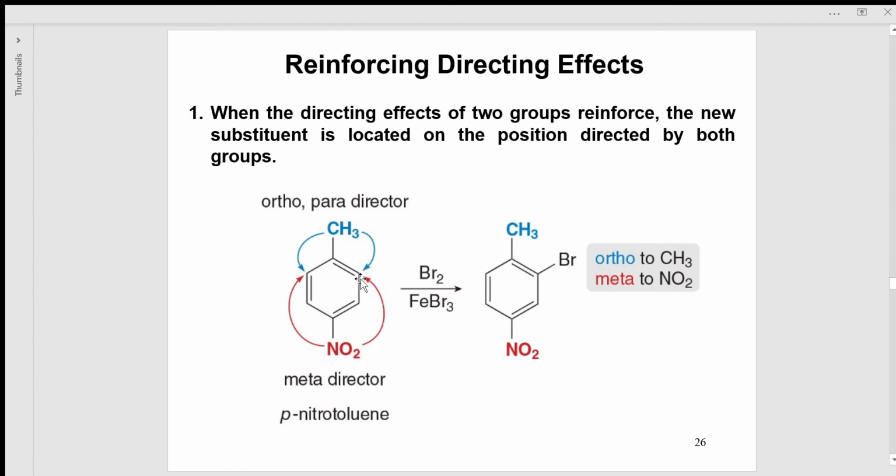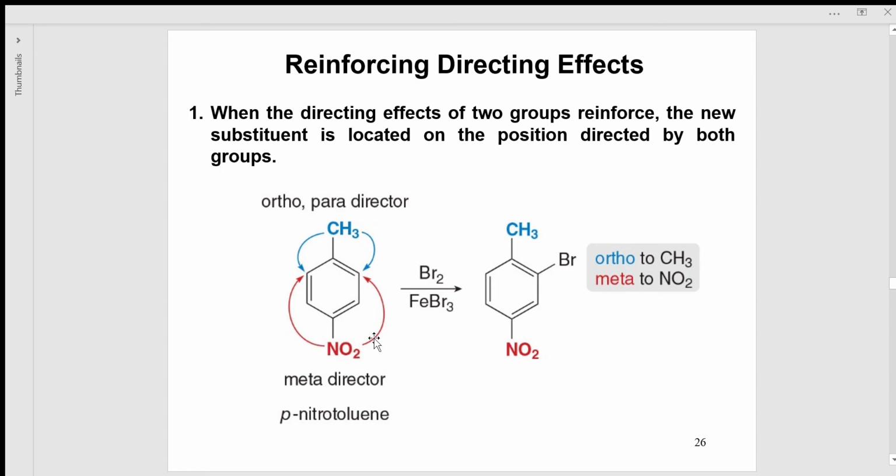Will they occur equally? Well, let's take a look at the structure. The methyl group we know is an electron donating group, so it is an ortho para director. So we will prefer here and here, but not here because this position is already occupied.